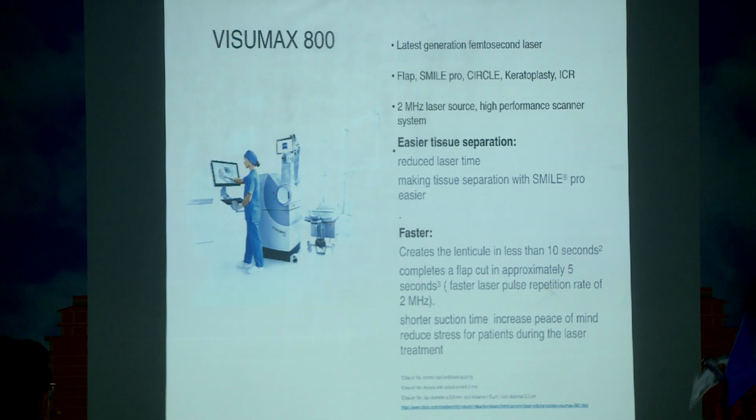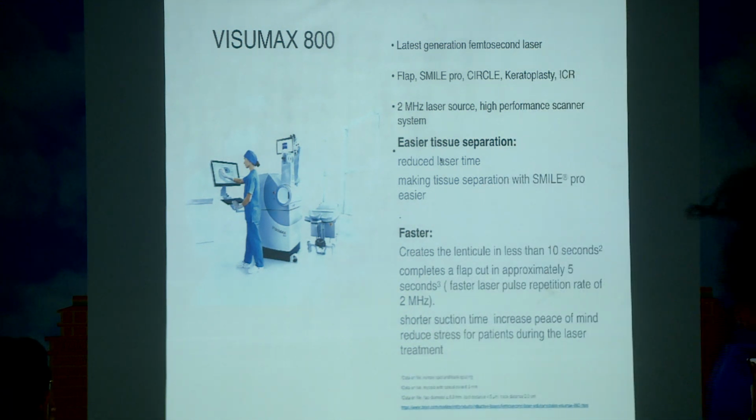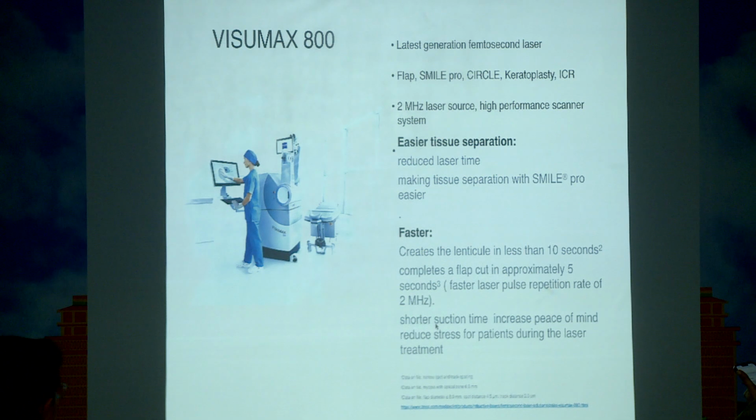First, easier tissue separation, with reduced laser time. With the Smile Pro it creates the lenticule in less than 10 seconds, and a flap in less than 5 seconds, because of the faster laser pulse repetition rate and scanning speed of almost 2 megahertz as against the 500 hertz the machine was.